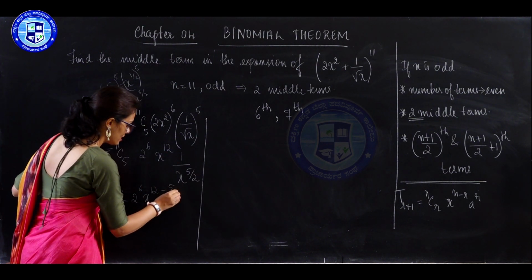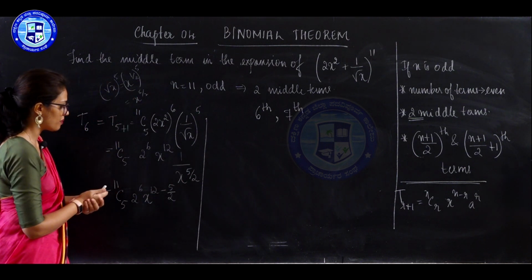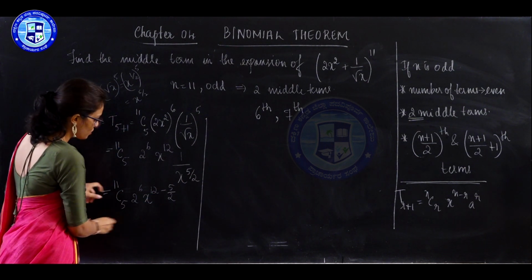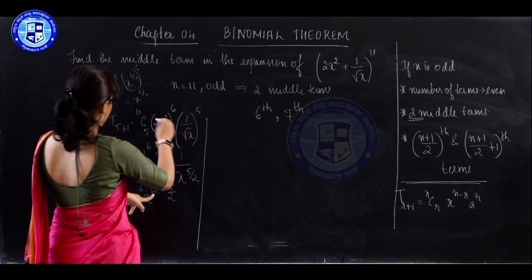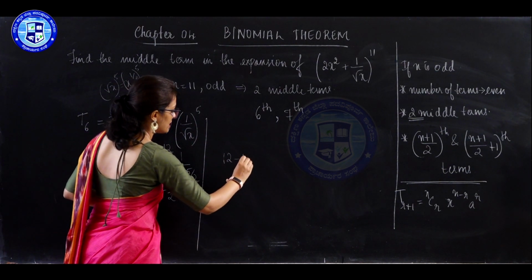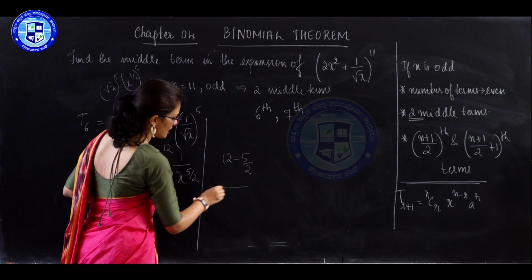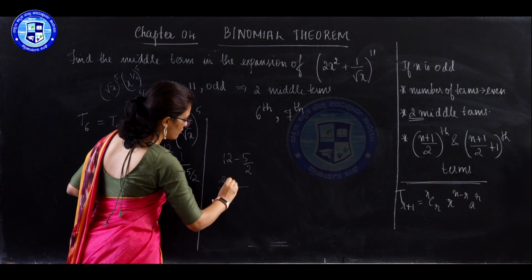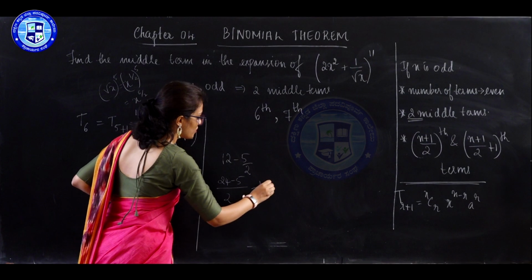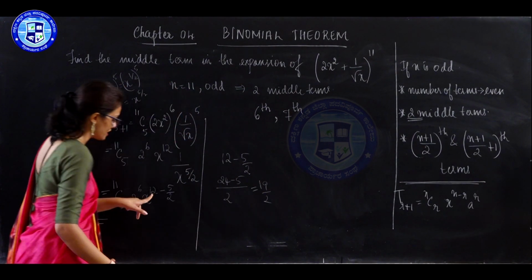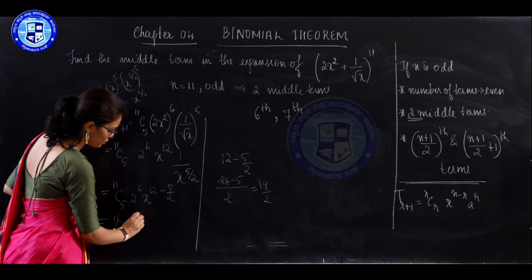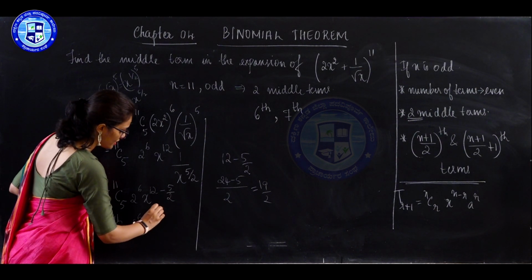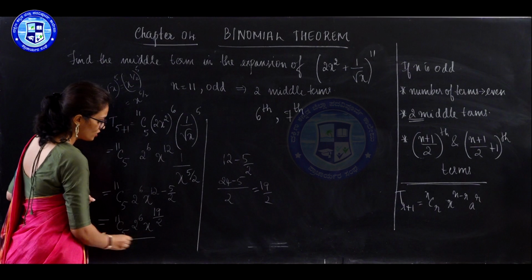Take LCM, LCM is 2, this will be 24 minus 5, which will be equal to 19, so 19 divided by 2. So, our final answer is 11C5 2 to the power 6 x to the power 19 by 2.